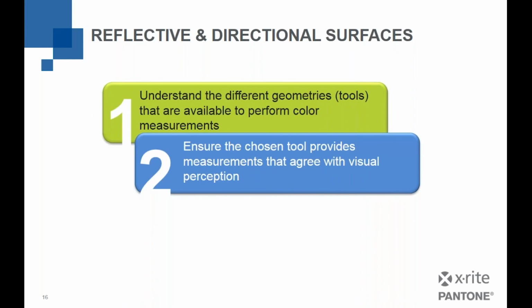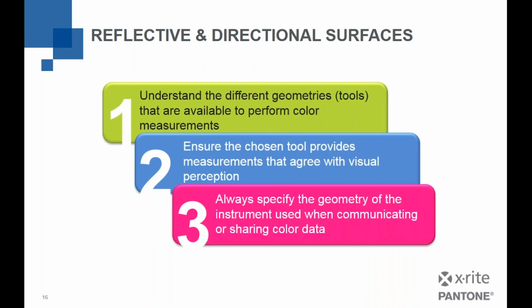There are some surfaces, by the way, that are so directional that even the sphere instrument sees some significant shifting. In other words, if I rotate the sample, there's enough difference that I can go from being in tolerance to out of tolerance. And in those cases, it may be a requirement that you specify how you're measuring that sample.